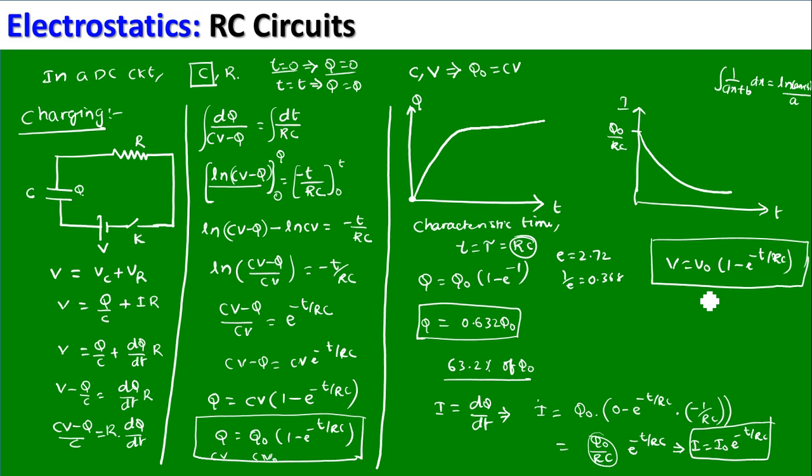Now let us talk about the discharging process. For the discharging process, the circuit you can take this way. Here you have a capacitor, and then let us consider a key here, and then there is a resistance.